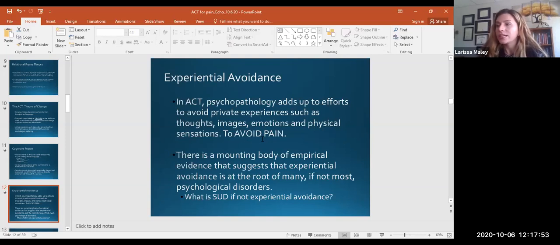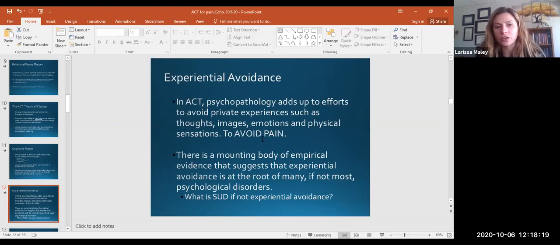Well, we know it's a dysfunctional pattern of using a particular substance that has a tolerance and withdrawal associated with it.